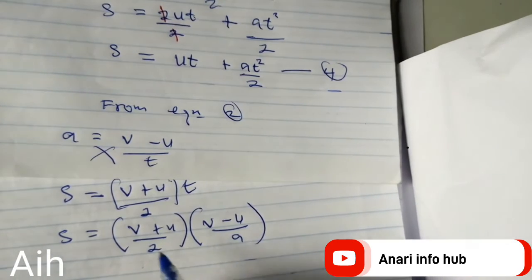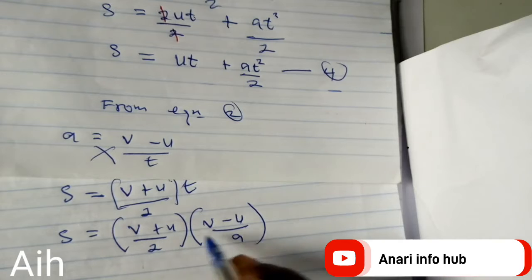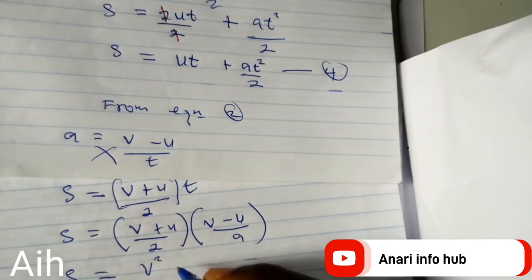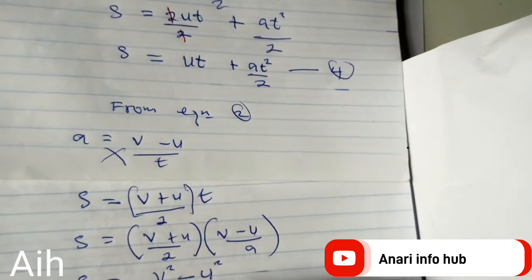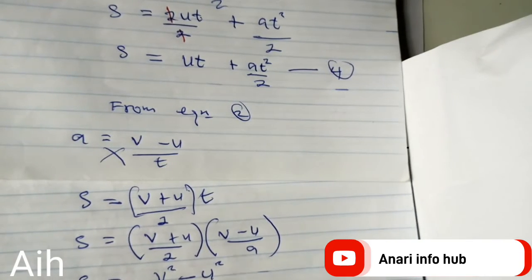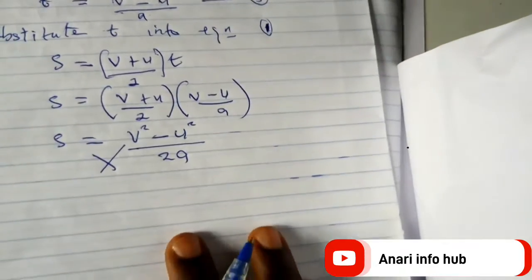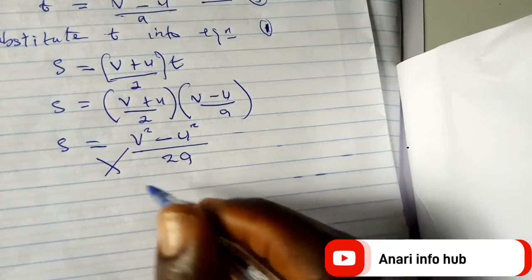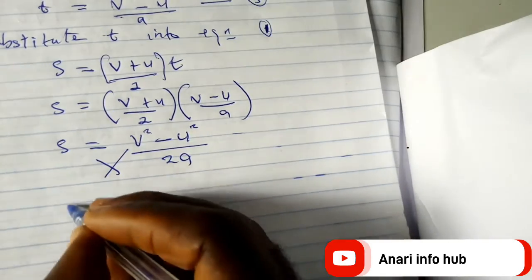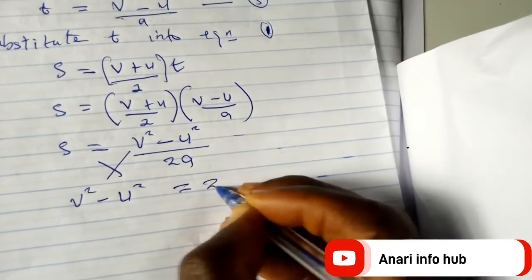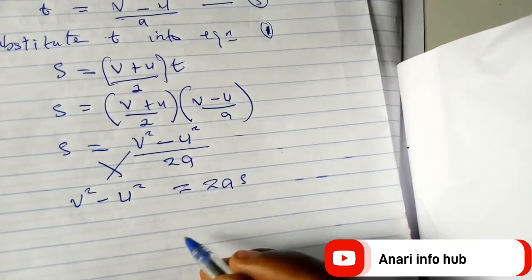Now from difference of two squares, we have that s is equal to (v squared minus u squared) all over 2a. If I cross multiply this, I have v squared minus u squared equals 2as.